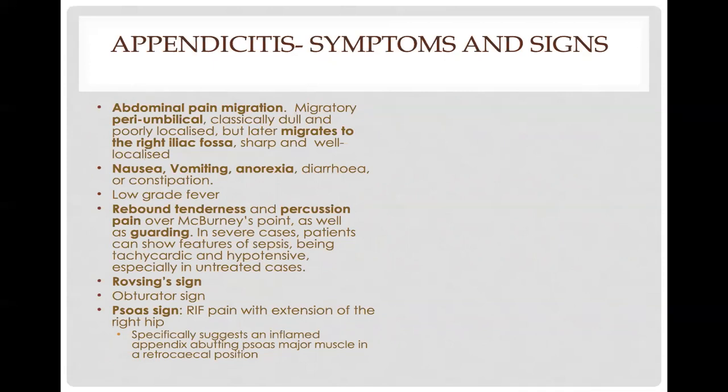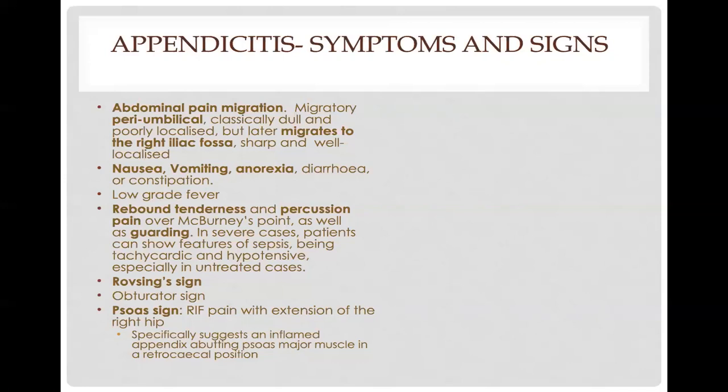The reason for that is the appendix tends to be poorly localized when only the visceral peritoneum is affected, as the splanchnic nerves are very poor at localizing. Whereas once the parietal peritoneum is involved, you get more specific localization to the right iliac fossa.